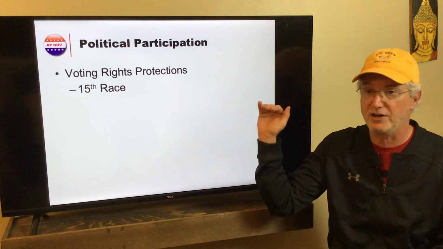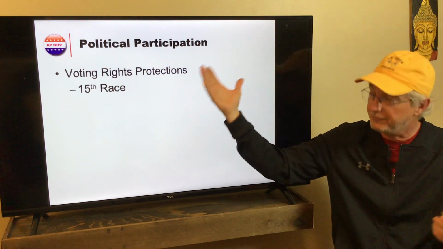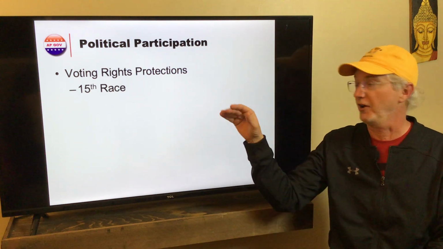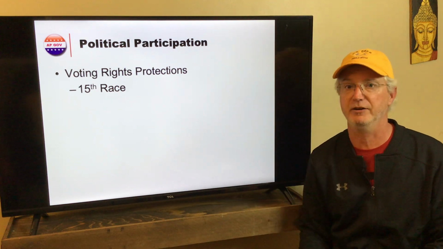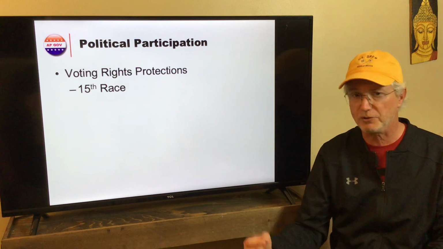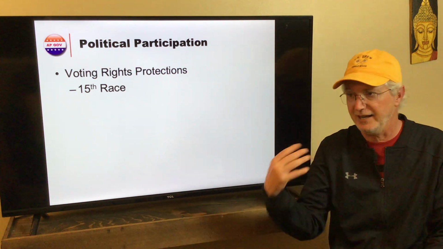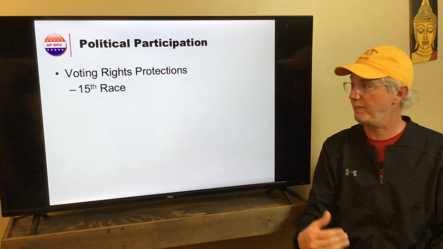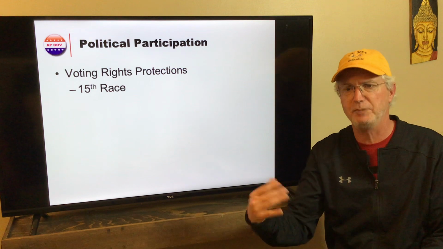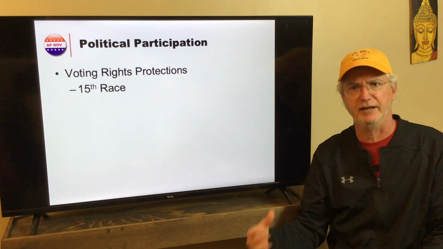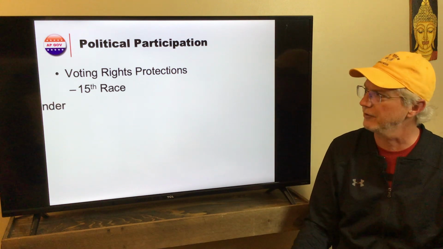Now, it wasn't that after 1874, whenever this went into place, all blacks were just eligible to vote and they just walked up and voted. There were so many barriers that they still had to overcome. Jim Crow laws. In the 1960s, they passed the Voting Rights Act, and in Congress just recently, they passed another attempt to protect the rights of people of color not to be discriminated against when it comes to voting. So it's been a long road. We're still not quite there yet based on race.